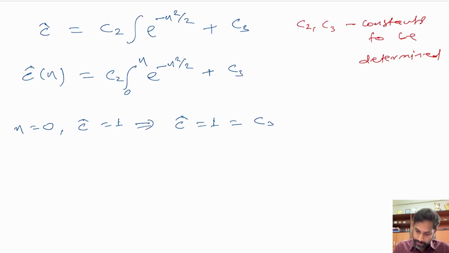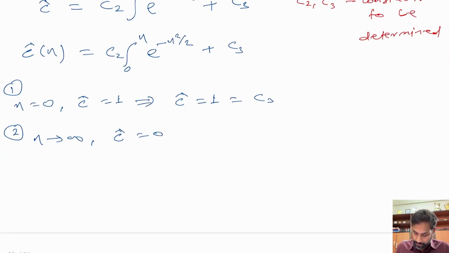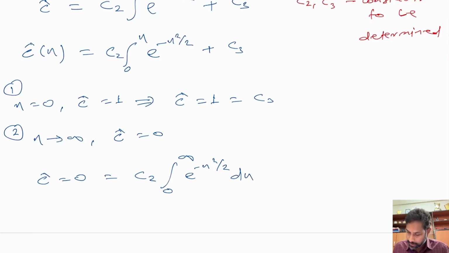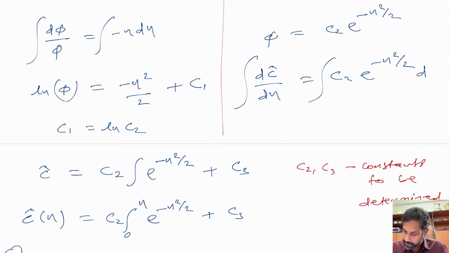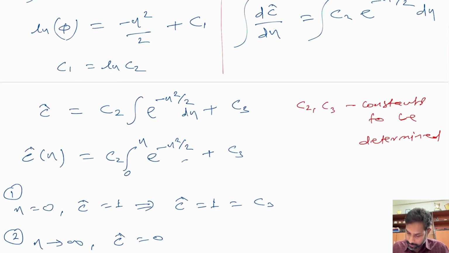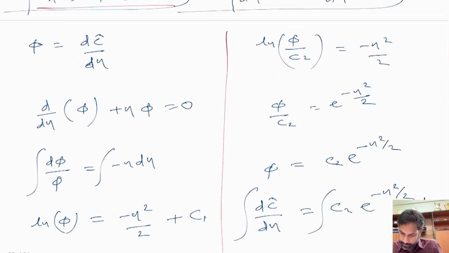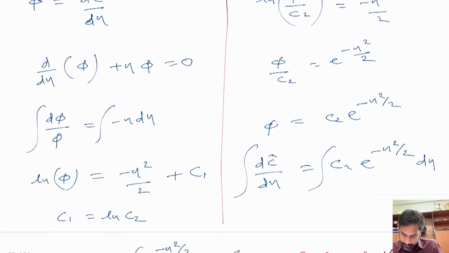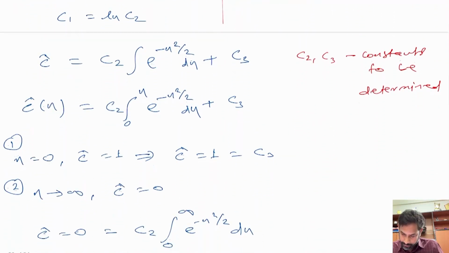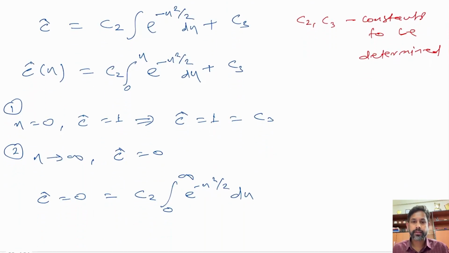That is condition 1, and we can also use condition 2, which says that as eta tends to infinity, C hat is equal to 0. So we can define C hat to be equal to 0 for C2 times the integral from 0 to infinity of e to the power minus eta square by 2, and sorry, there should be a factor of d eta here which I was missing.